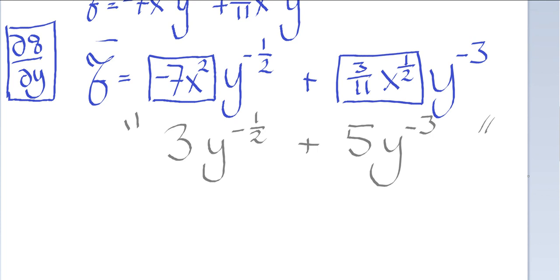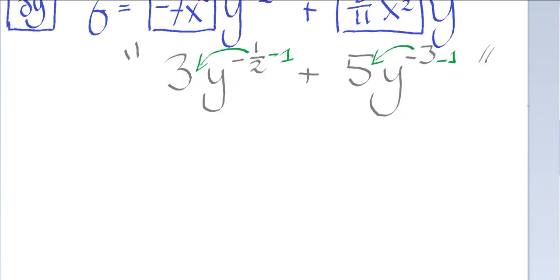So what would we do in that case? The minus a half would come down, but there's a 3 there to meet it, so go over to the calculator and multiply 3 by minus a half, then take 1 off that power. Again, minus 3 will come down, but there's a 5 there to meet it, minus 15, and take 1 off that power. Okay, so we treat the boxes the same way, just treat them as numbers.